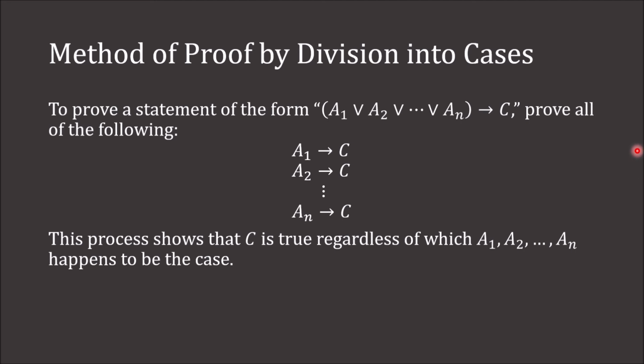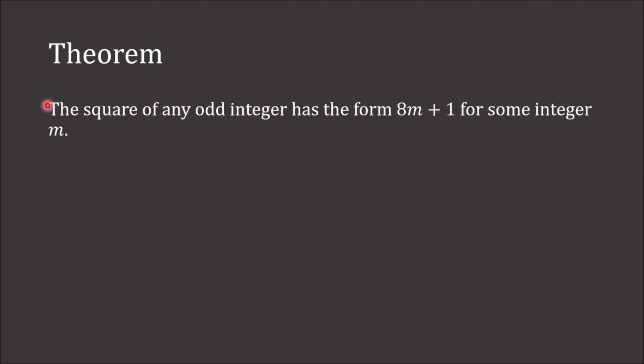So another example of division into cases: the square of any odd integer has the form 8m plus 1 for some integer m. Well, in a previous proof, we showed that an integer is of the form 2q or 2q plus 1.